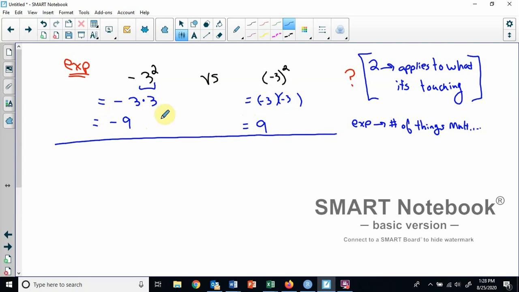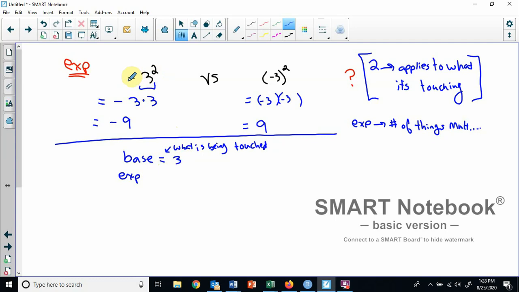Now on the test, they may ask you stuff like, hey, what's the base? What's the exponent? Things like that. The base is just asking my question as to what is being touched. What's being touched by the exponent? So up in the first example here on the left, the 2 is touching only a 3, right?